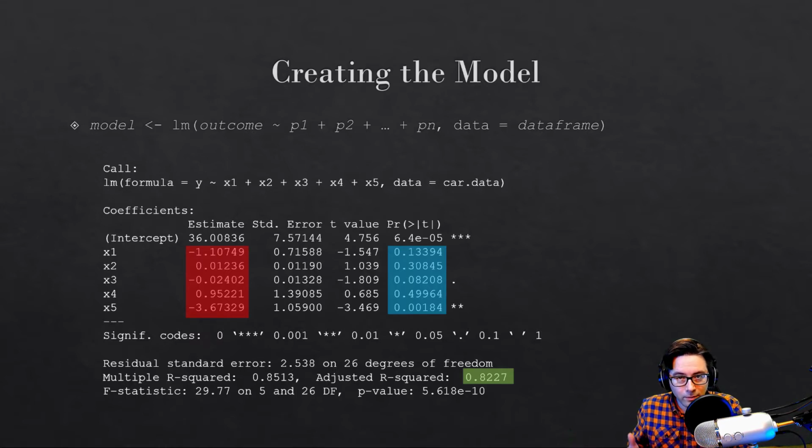When we're doing multiple regression, we need to focus on the adjusted r squared. That's what we're going to be looking at. And then also, of course, the f statistic is our test statistic that we're using for the r squared, and the p-value is tied to it.